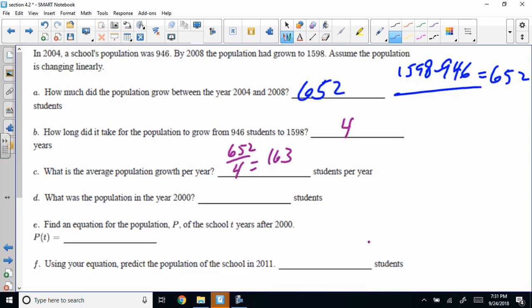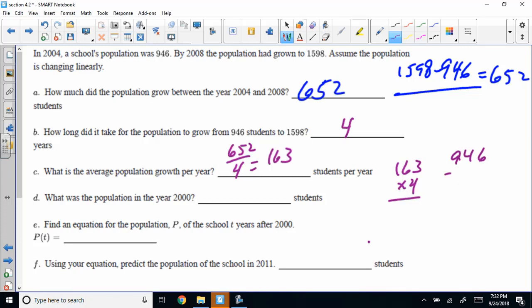It's not bad. All right, what was the population in the year 2000? You could take 163 times 4, right? And then 946 minus this number.